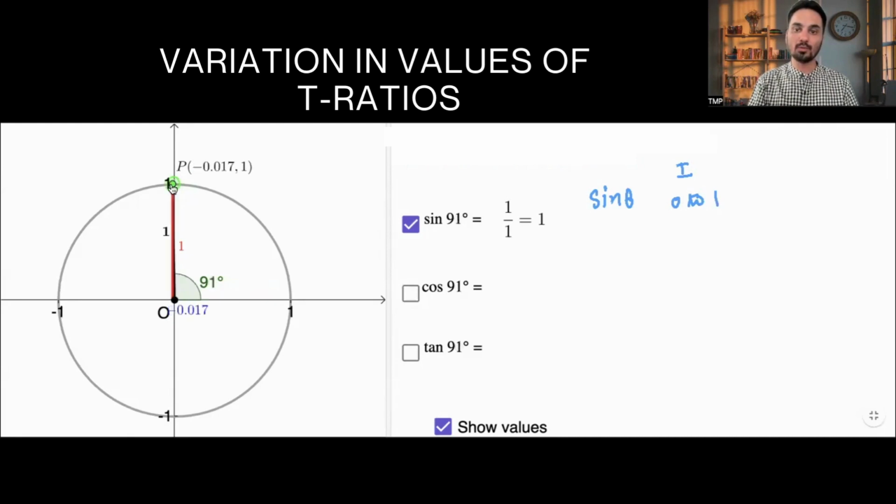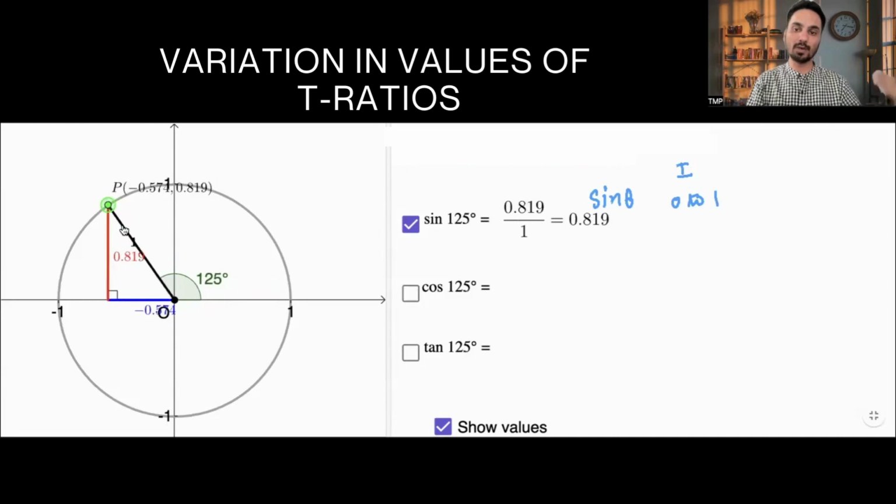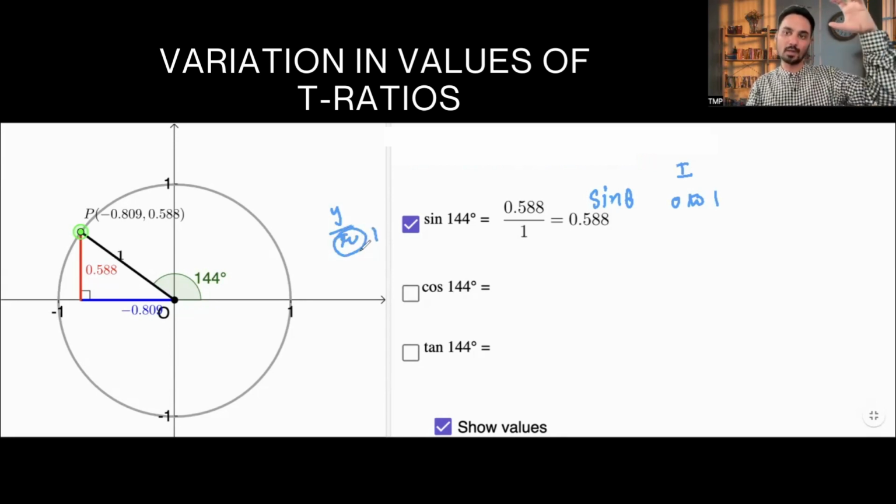And when we move in the second quadrant, you will observe that the value of sine is now decreasing. Do you know the reason why? Yes, you're right. Because sine depends on the value of y. And in the unit circle, the radius is 1, so it is y over 1. As the value of y is decreasing as we are moving towards 180 degrees, therefore the value of sine is also decreasing.